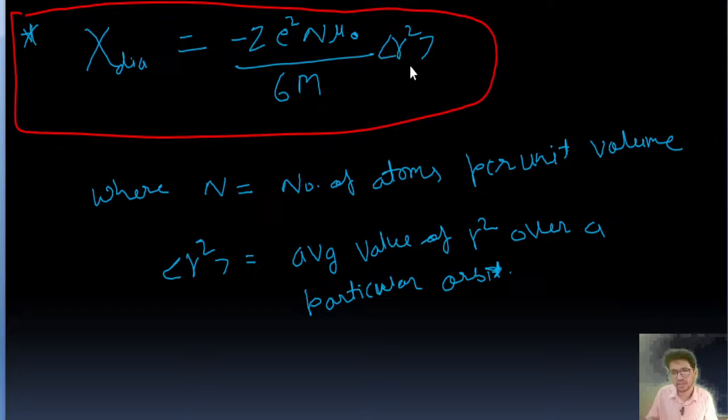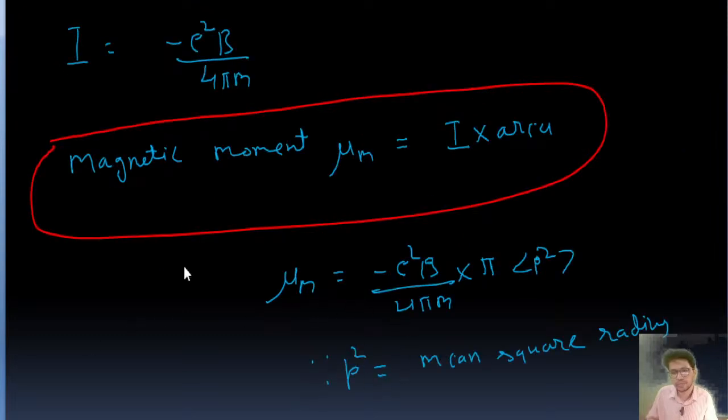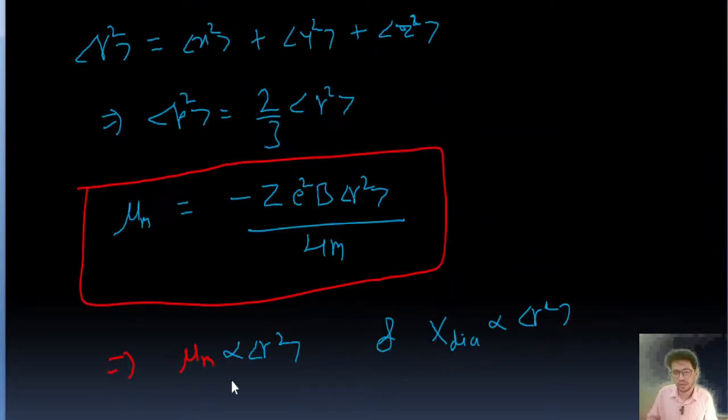So chi dia is proportional to mean square radius, and mu m is also proportional to it.